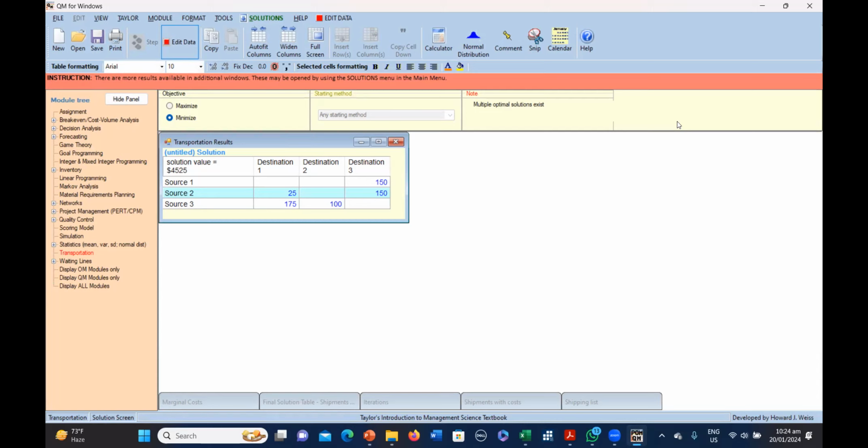But if you look carefully, the decision variables are not the same. Why? Because this is an alternative solution. Remember, we said that we have a special type of linear programming problem where you can have multiple solutions to one issue. So there can be more than one optimal solution, and this is just showing an example of that.